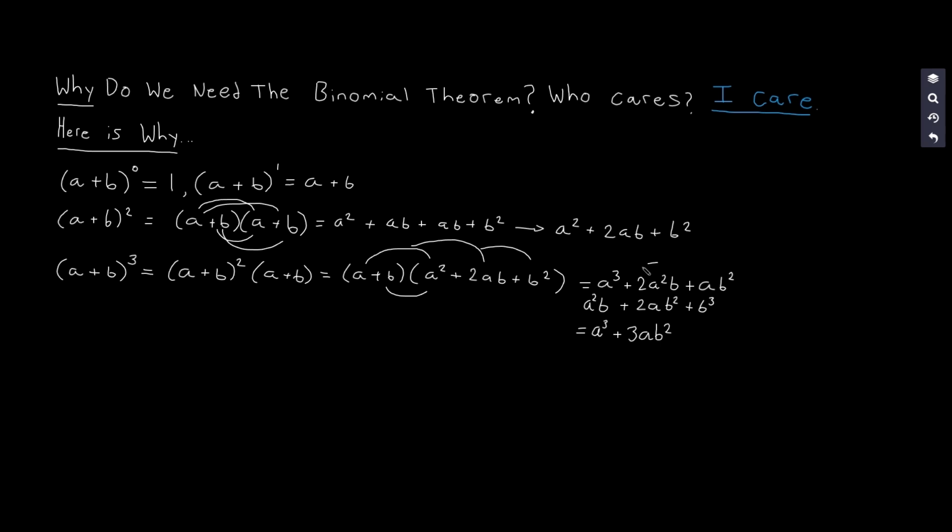Then we have 2 times a squared times b, and over here we have a squared times b, so that's going to be plus 3 times a squared times b, and then we got plus b raised to the third. And we were able to get our way through that. You know, we managed.